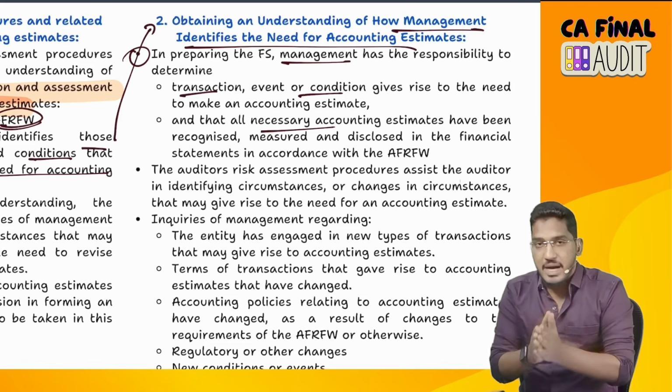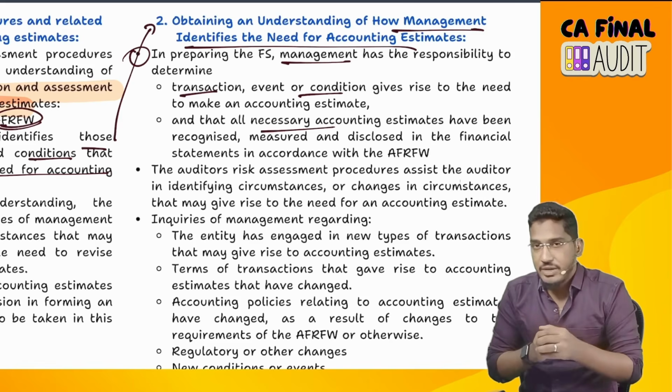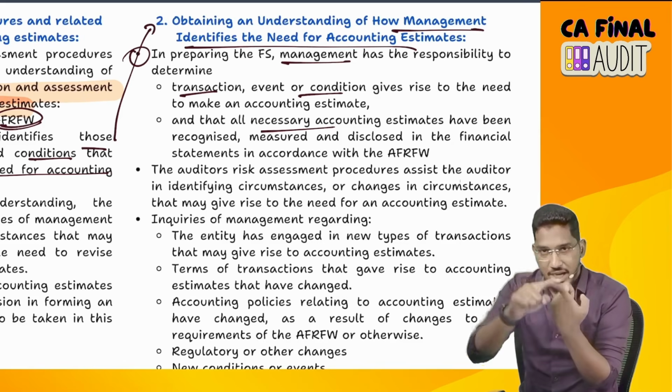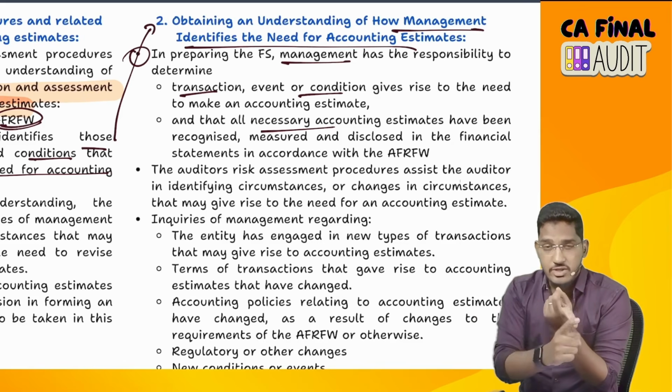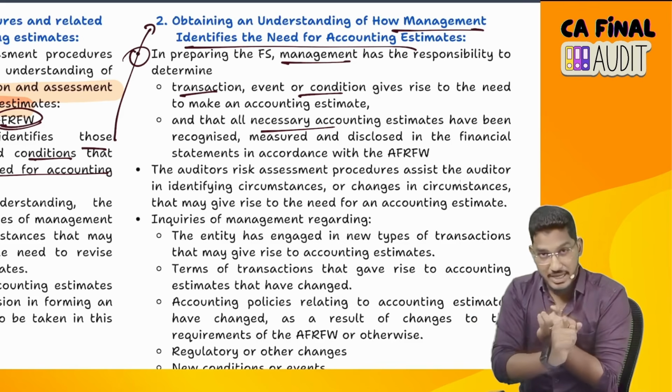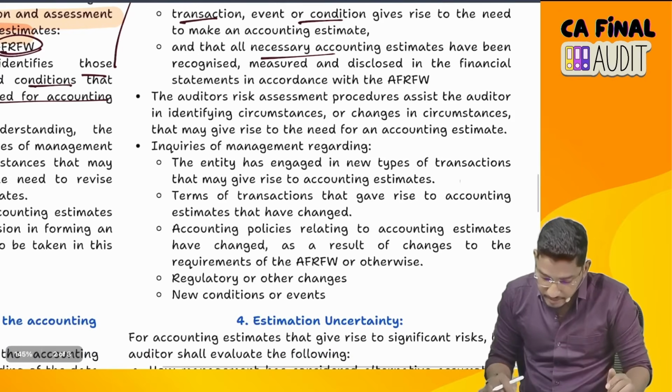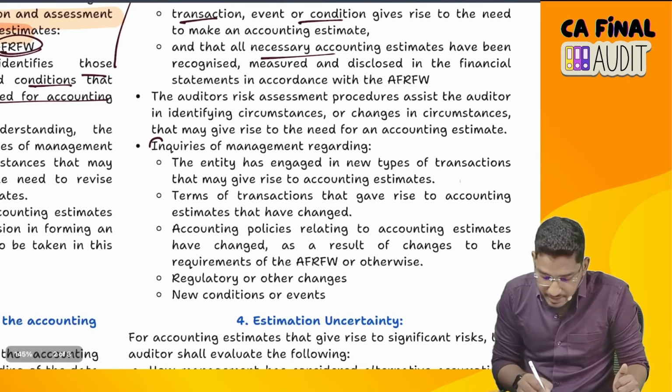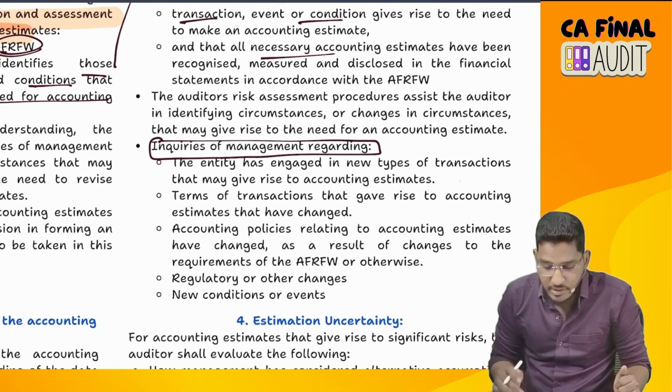For that, first they need to identify which transactions or events require accounting estimates. Once they have identified them, they have the responsibility to make the accounting estimate. So in order to know how management is identifying them, you have to inquire.